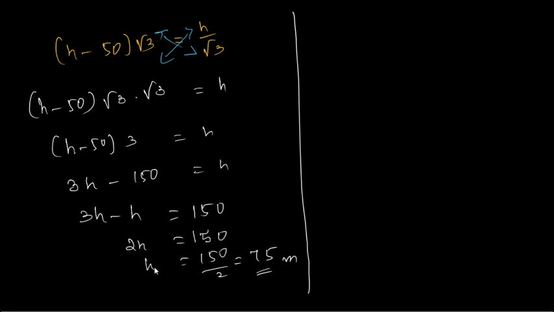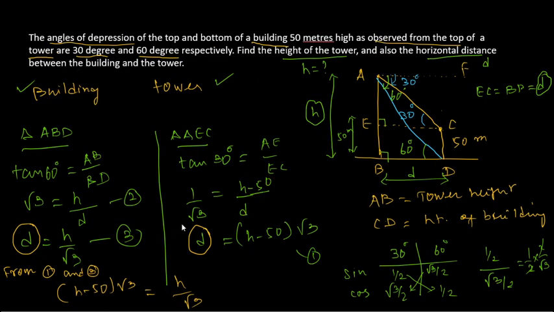But they have asked the distance also, horizontal distance. What is horizontal distance? It is given here. You can take the simple equation. Equation 1 you can consider. So D is equal to H minus 50 into root 3.